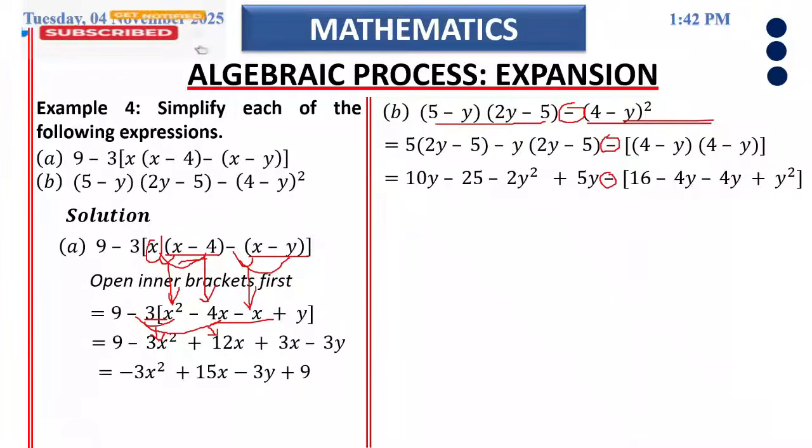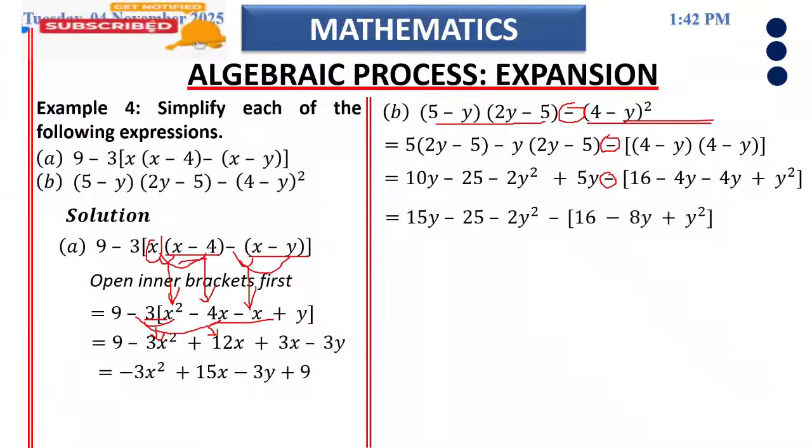Now let's simplify further what we have. Of course, if we rearrange, we simplify this one here, and we simplify what you have here. 5y plus 10y gives us the 15y here. And for this, minus 4y minus 4y gives us minus 8y.